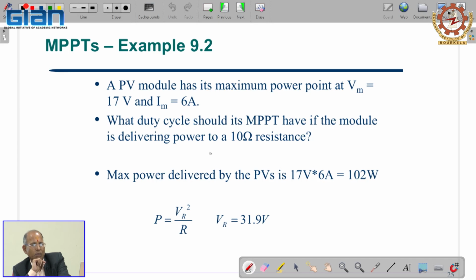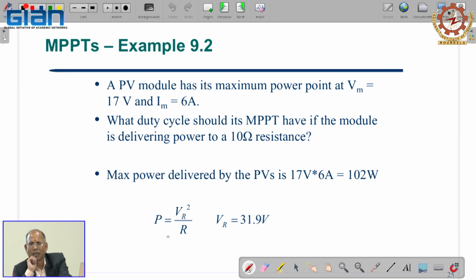That maximum power you want to deliver to the resistance of 10 ohm.